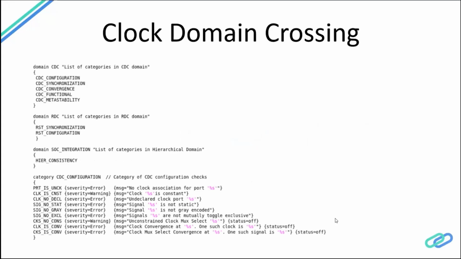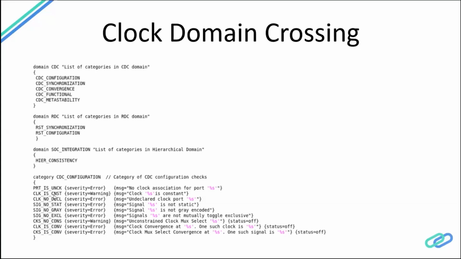So this is an example of what the rules or checks are. For example, these are clock domain checks: configuration, synchronization, convergence, functionality, metastability checks. This is for resets. This is for when you are running an SOC design, whether the consistency of the hierarchical model exists or not.